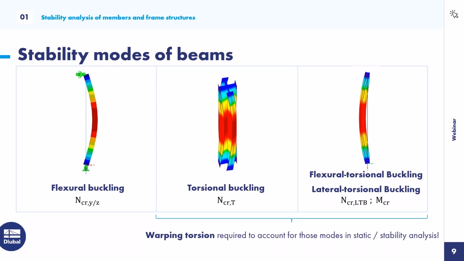And we can also take those into consideration or investigate those stability modes with our structural stability add-on, but we need to activate warping torsion in order to be able to detect those stability modes.